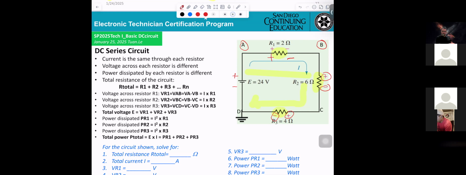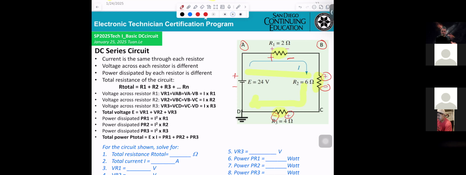So if I'm looking at this circuitry, I say this is a series circuit. Every resistor connected into this circuitry gets the same current I. Sometimes they say for a series circuit that the resistors connect one to one.